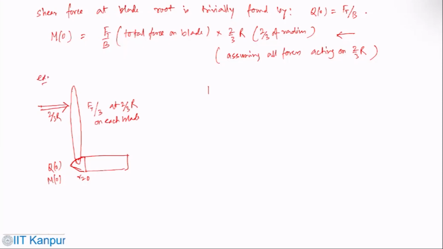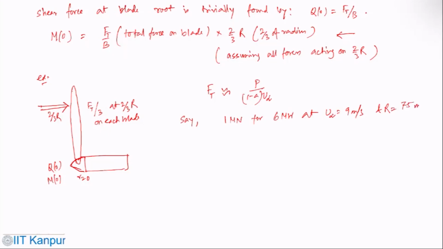So what you have, F_T equals P by (1 minus A) times U infinity. So let's say 1 meganewton, or 6 megawatt at U infinity equals 9 meter per second, and radius is 75 meter.